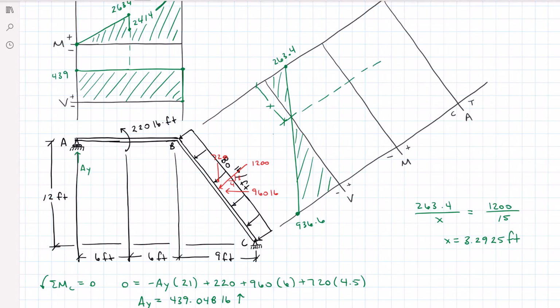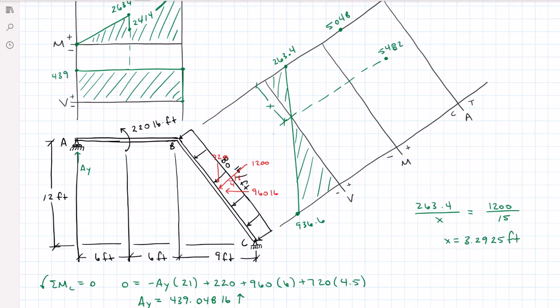I can now start my moment diagram, which starts with a positive 5,048, and then I'm going to change the area under my shear diagram, so that is 1/2 of 263.4 times 3.2925, and that's going to get me all the way up here to 5,482.